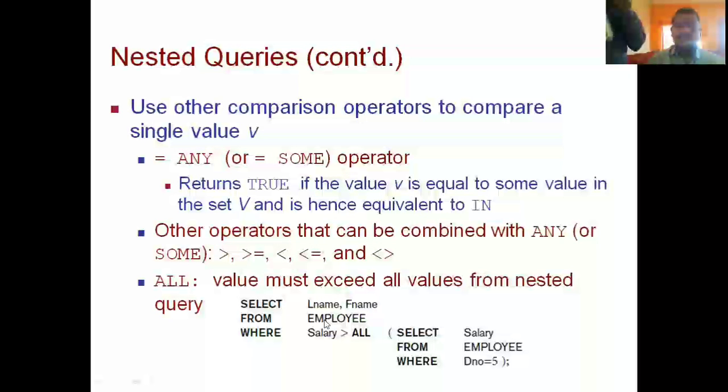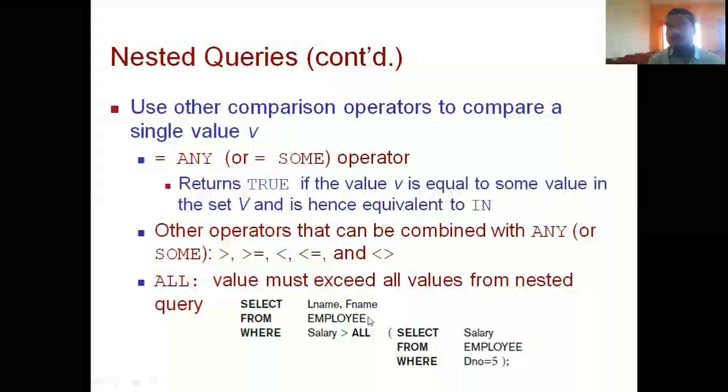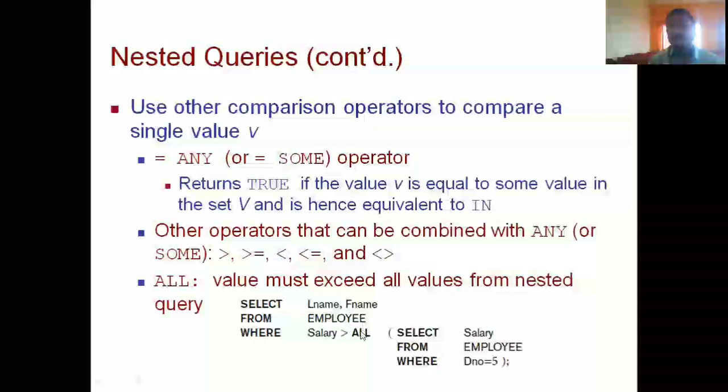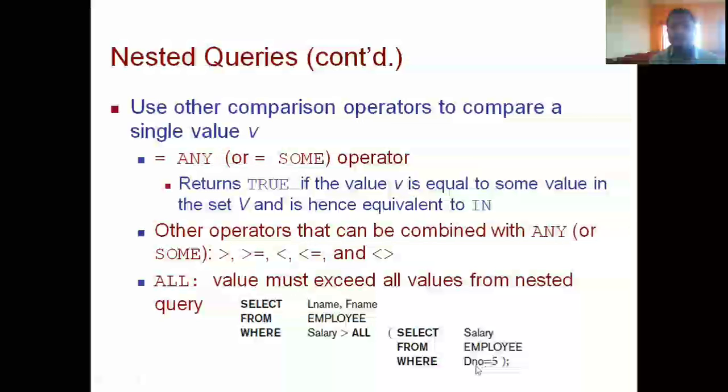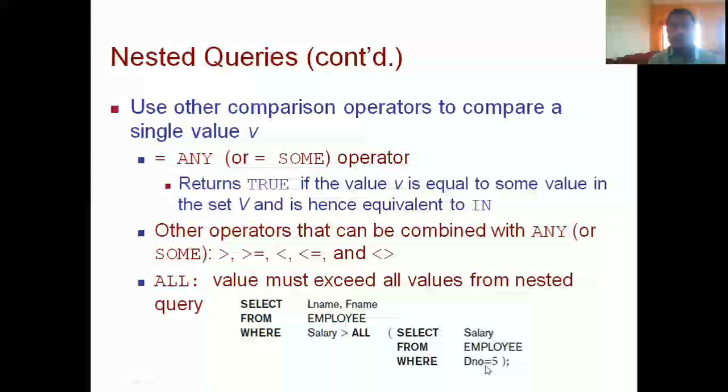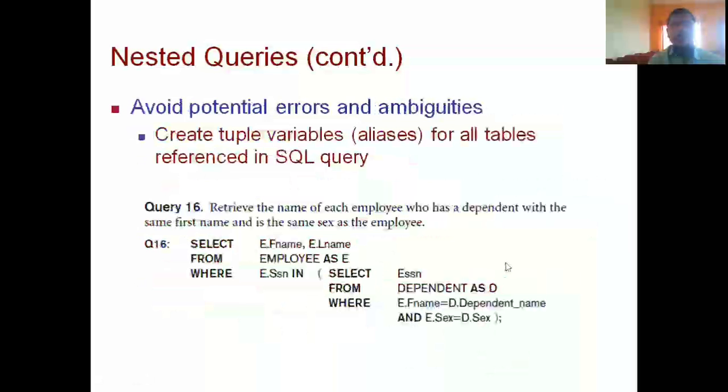So select last name and first name from the employee relation, the condition is salary greater than ALL. Again it has a nested query: select salary from employee where DNO is equals to 5, meaning department number is equal to 5.